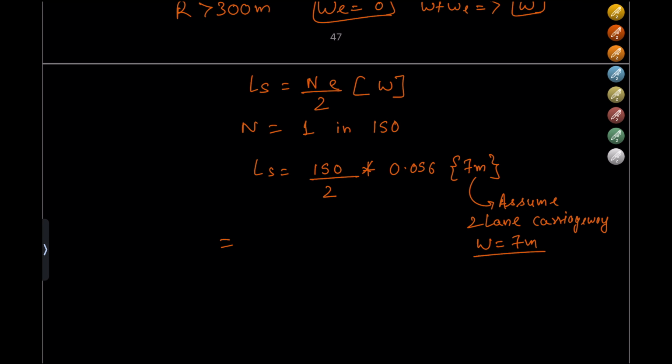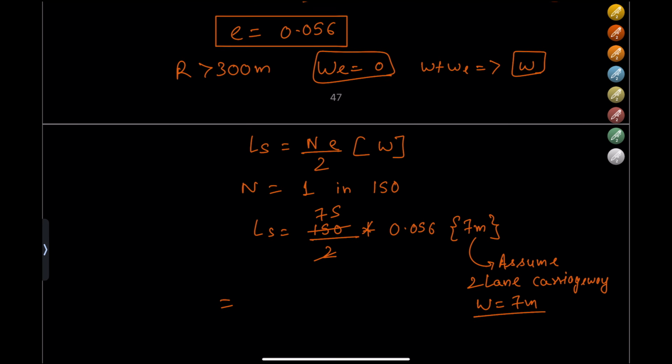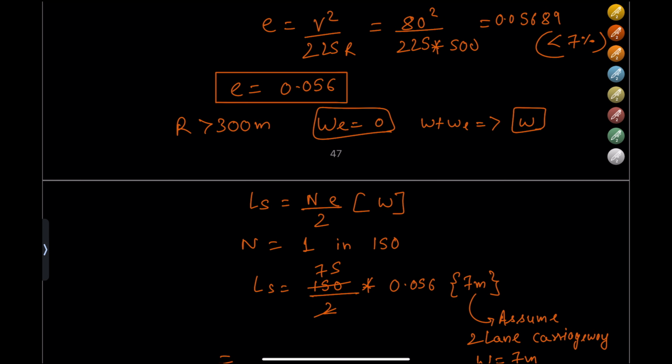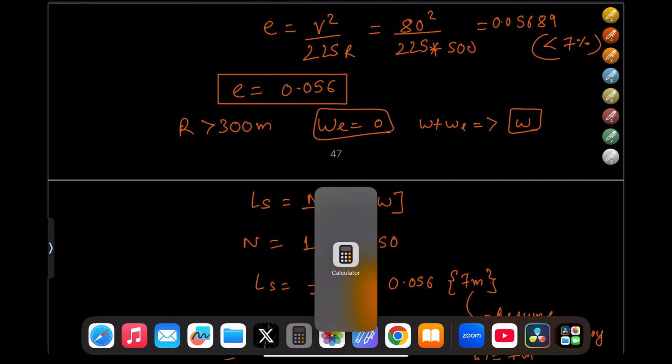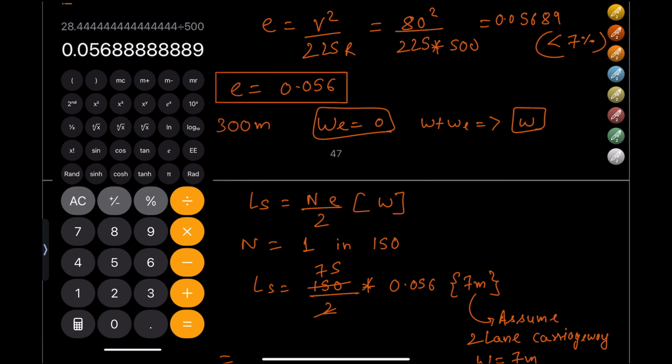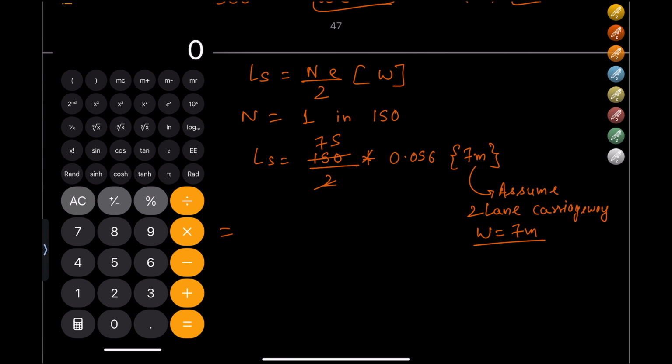So we'll calculate the value of transition curve. The value is 75 multiplied by 0.056 multiplied by 7.